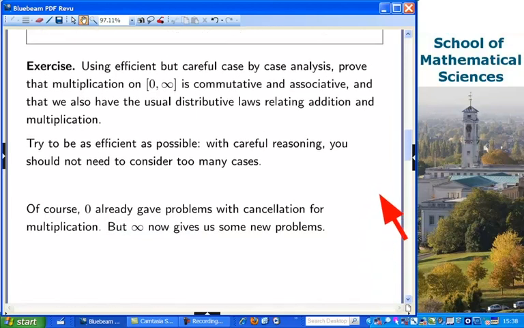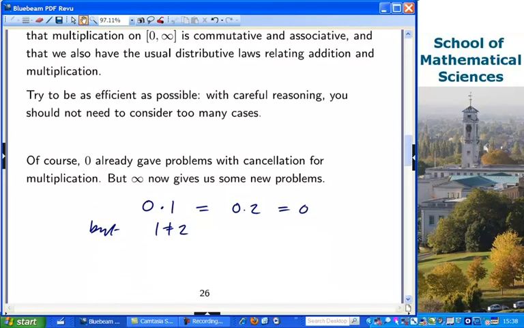Now, multiplication, we're used to having problems with cancellation, right? 0 times 1 equals 0 times 2 equals 0, but 1 is not equal to 2. We already had that, but now we've got the same thing with infinity. Infinity times 1 equals infinity times 2 equals infinity, but 1 is not equal to 2.